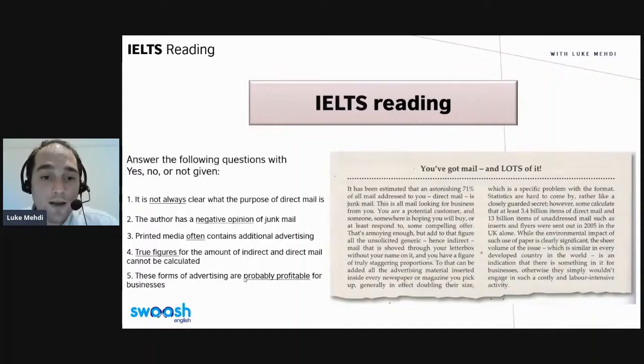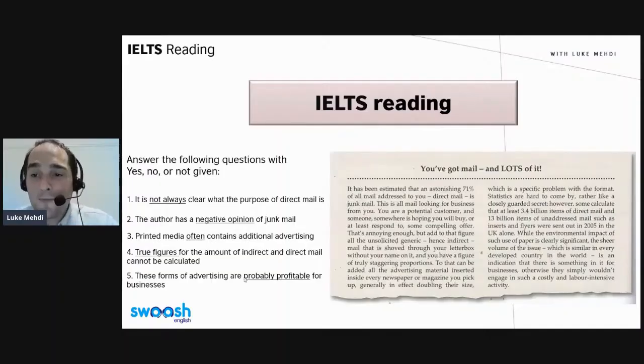True figures for the amount of direct and indirect mail cannot be calculated. True figures, we're looking at our numbers. So we look into the right-hand column and you will see over there, statistics are hard to come by. Okay, some calculate that at least 3.4 billion items of direct mail and 13 billion items of unaddressed mail were sent out in 2005.